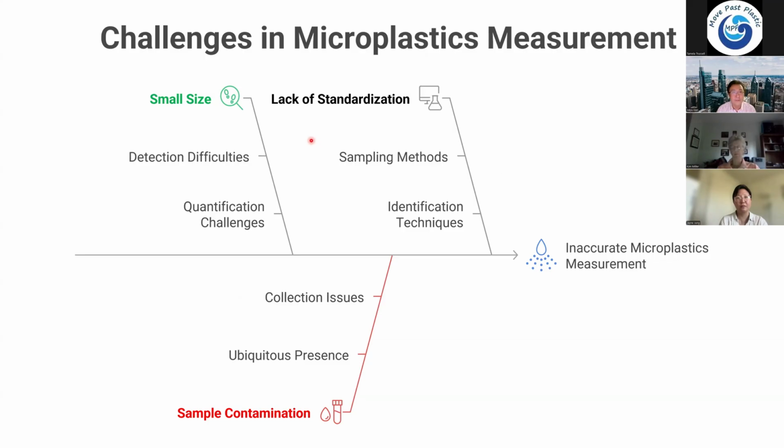For example, the first challenge is size. Because microplastics are very small, it is very difficult to identify or detect them in the environment. There are difficulties detecting them in air, water, soil, and even food as well. And then also the quantification is very difficult.